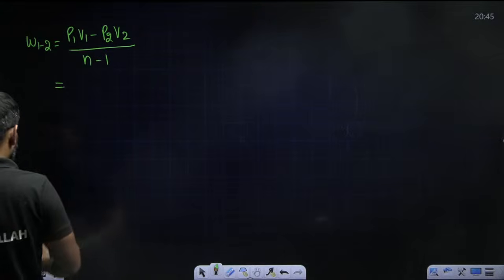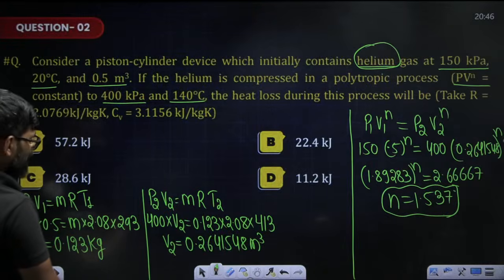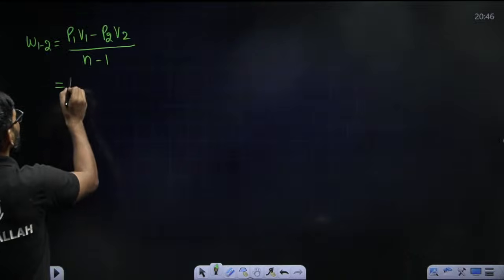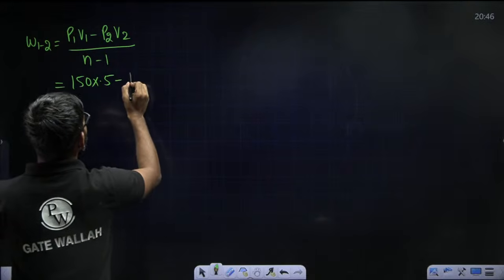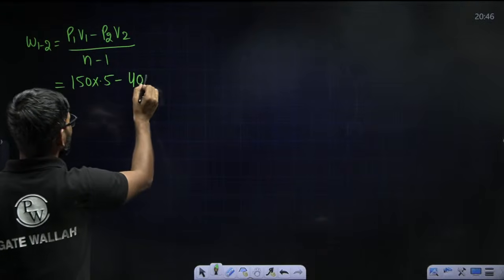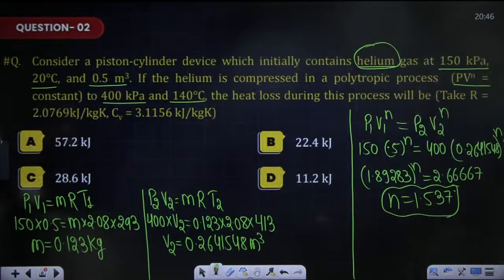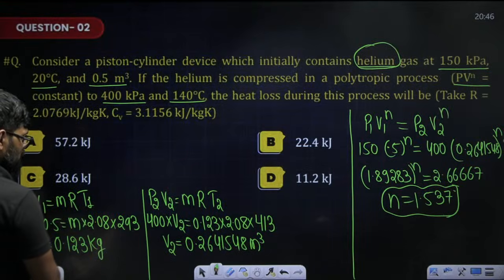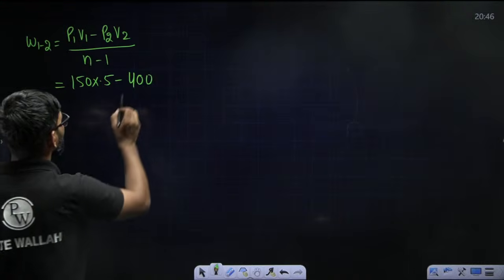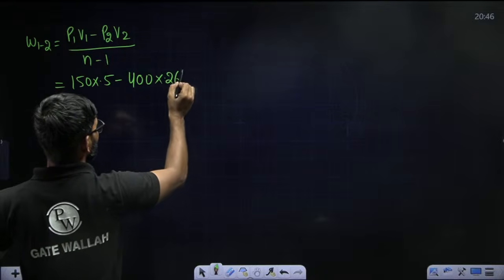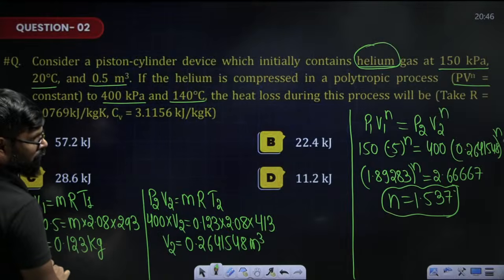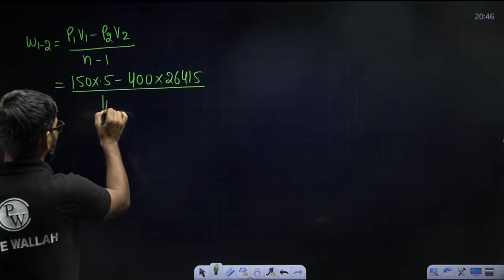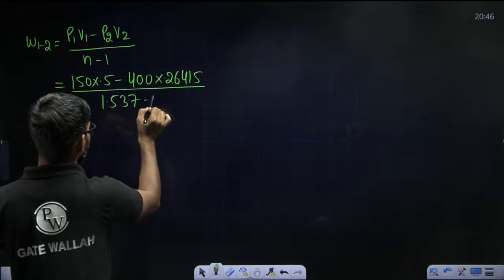So P1 value is how much, beta? P1 value is 150. So 150 into 0.5 minus P2 value is 400. 400 into 0.26415 divided by 1.537 minus 1.